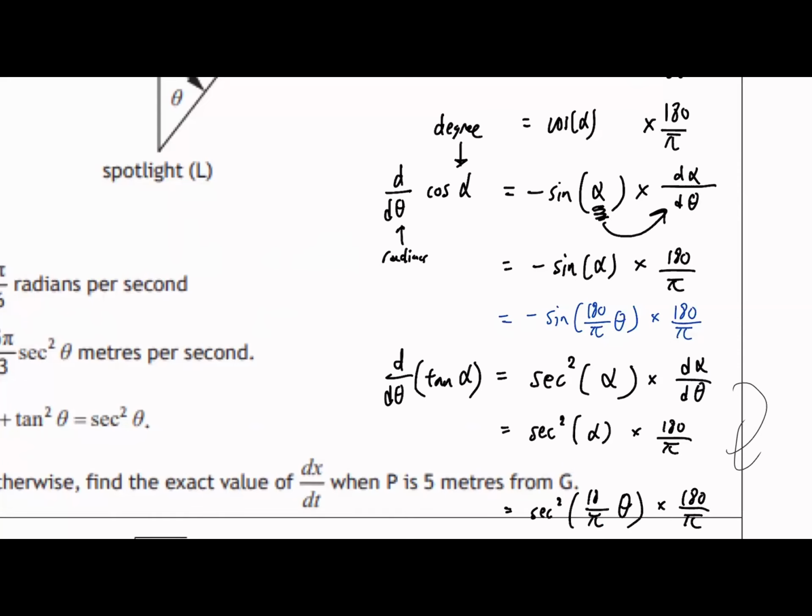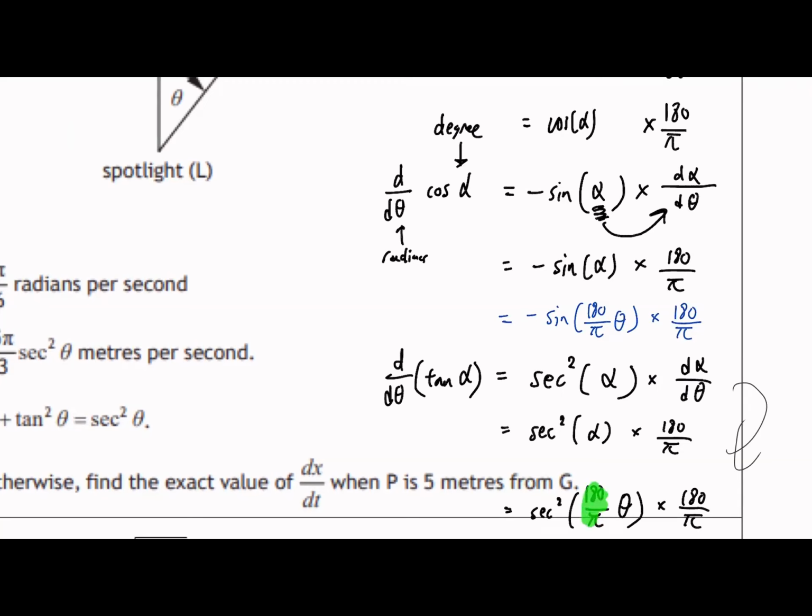So please take note that for trigo you cannot simply factor out the 180 over pi. You cannot just take it out. Right? I'm sure you know that. Like cosine 2 theta, is it 2 times cosine theta? No, right? Double angle. Got all the formulas, right?